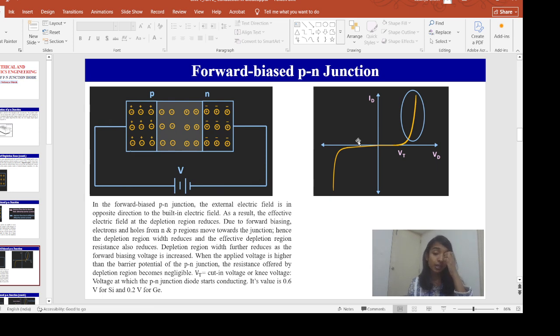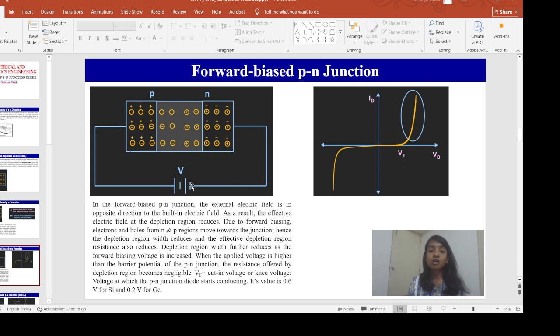At that time your current starts flowing, because the charge carriers are now capable of moving to the opposite side, and you get a large current that increases exponentially. This VT is my cut-in voltage, which is 0.6 volt for silicon and 0.2 volt for germanium. This is my forward bias region.